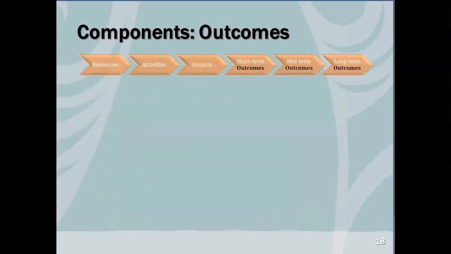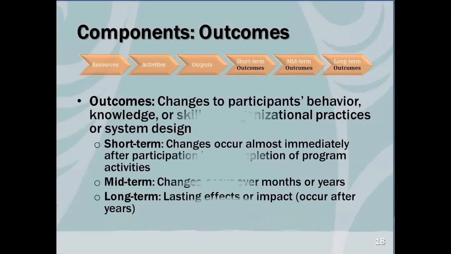Those outcomes are really unique to each other and often cause some confusion themselves. So these would be the changes in participants' behaviors, knowledge, skills, or organizational practices or system design, any kind of change that you are seeking to effect by performing these activities.